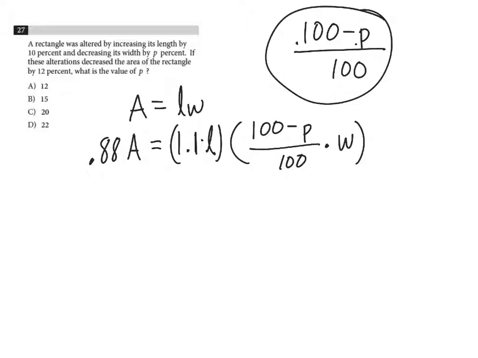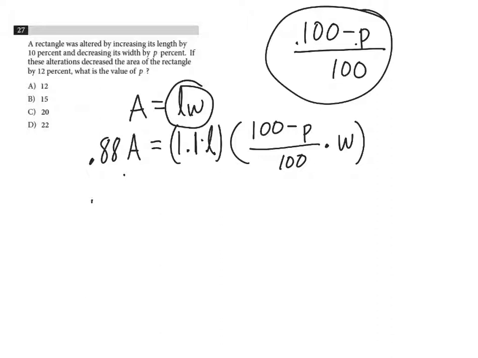Okay, and now let's see what we can do here. I think I'd like to get that area out of there. I'd like to write this in terms of L and W, because it looks like I could, if I do that, then I can divide both sides by L and W, and then I would have an equation with just p.